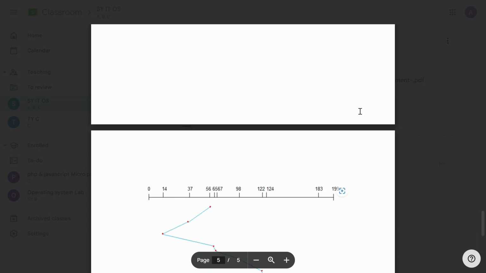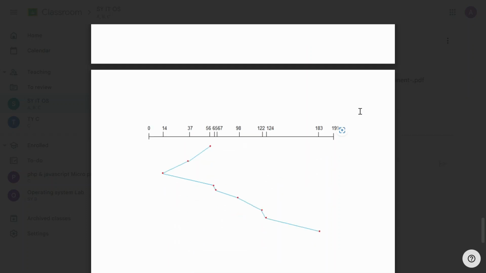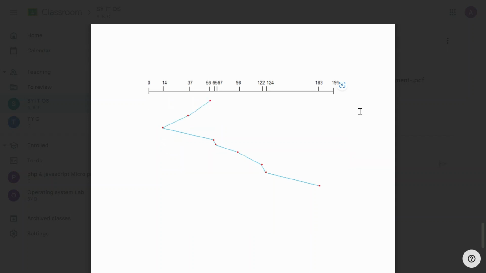We can see in the diagram: first the head is at cylinder 56, then it goes to 37, then 14, then 65 and 67, then 98, then 122, then 124, then 183, and then 199. So this will be the sequence, and that's it for all.